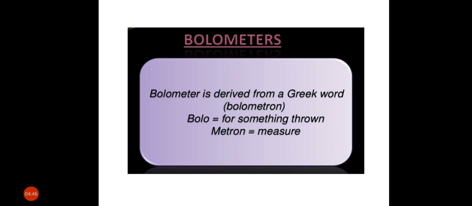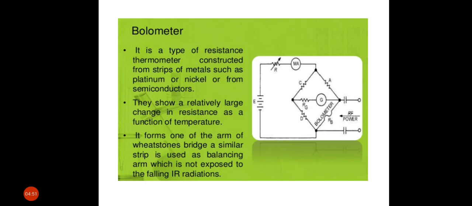A bolometer is a type of resistance thermometer constructed from strips of metals such as platinum or nickel, or from semiconductors. They show a relatively large change in resistance as a function of temperature.